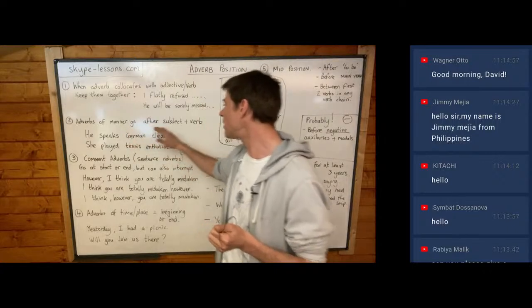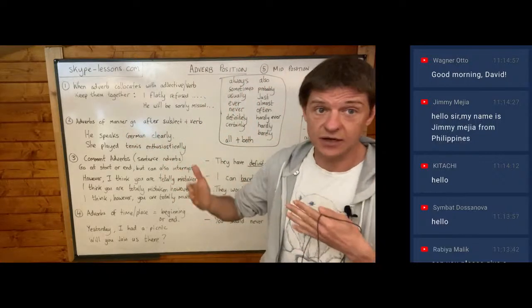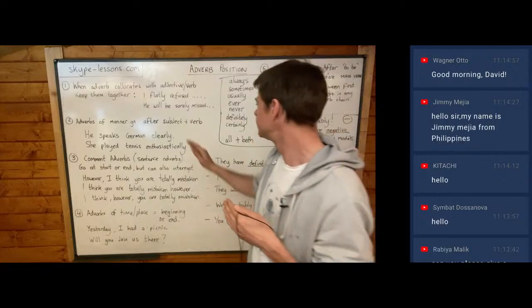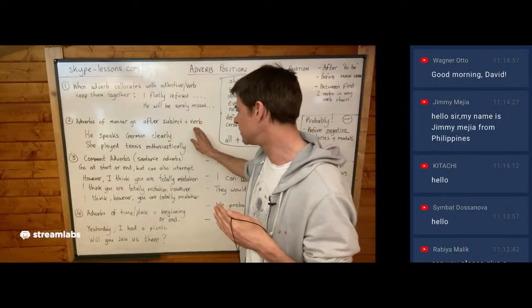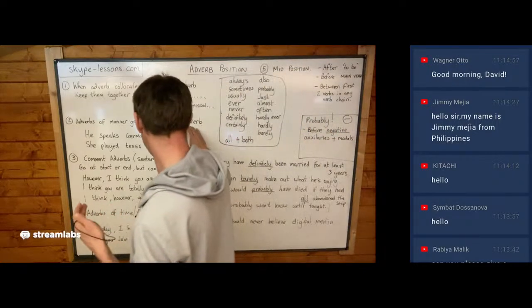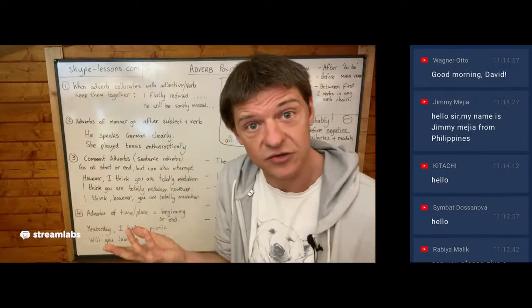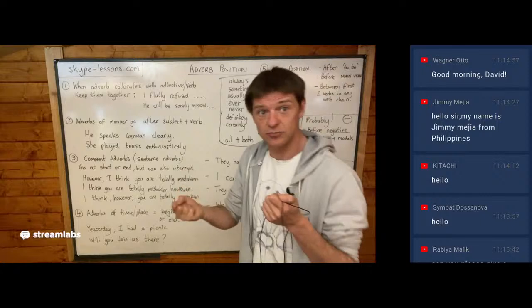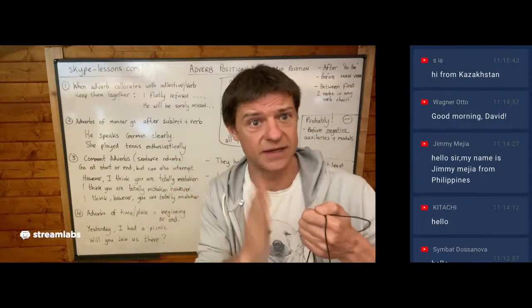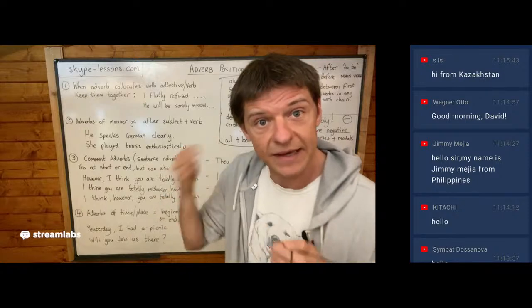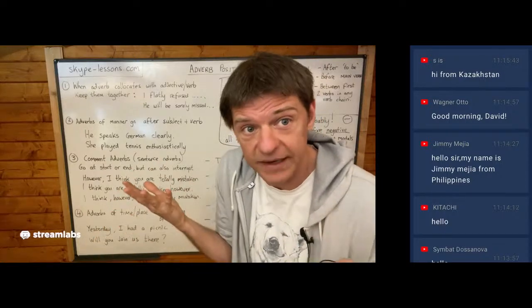They usually go after the subject and the verb, sometimes right at the end of the clause, and maybe after the object if the verb has an object as well. Don't put it between the verb and the object. Put it after the object. So make sure it goes at the end of the clause, basically.